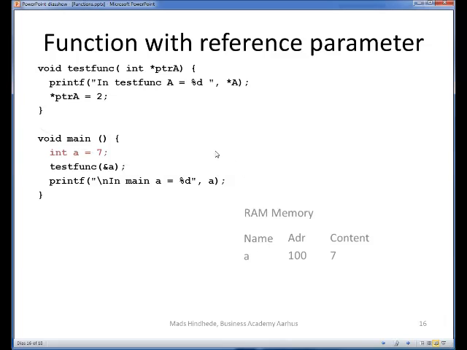When calling the test function, I take the address of a, it's 100, and bring it to the test function where it's saved in pointer a. Pointer a now actually points to the address of a. So when I put the digit 2 into where it points, a will become 2.